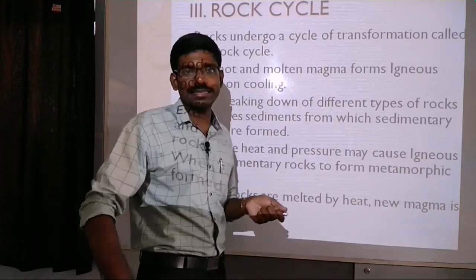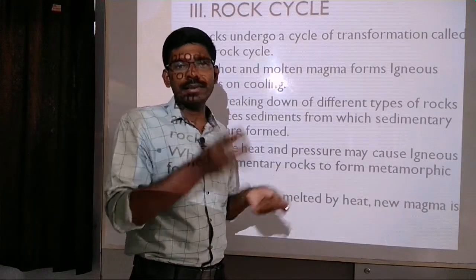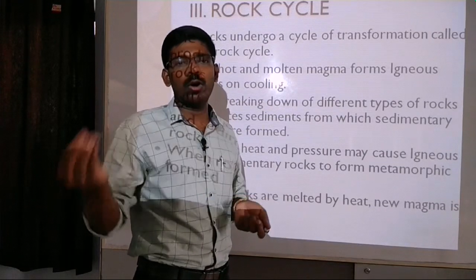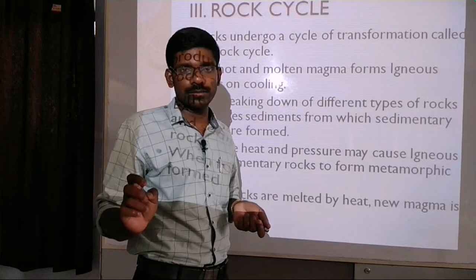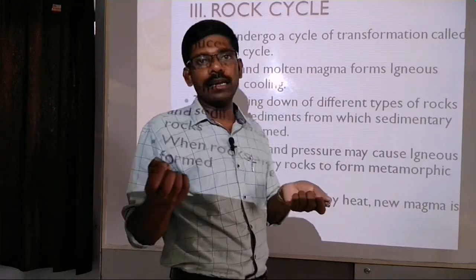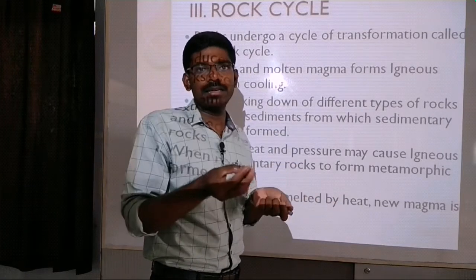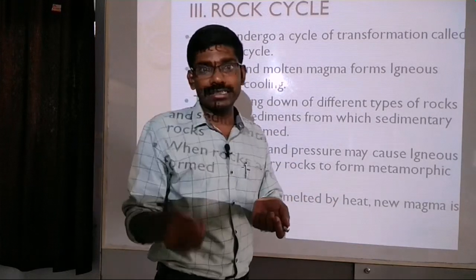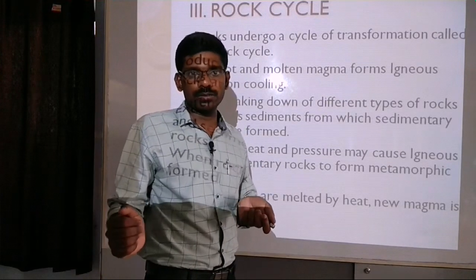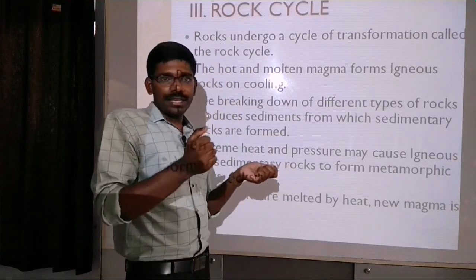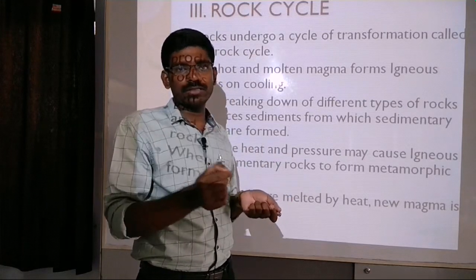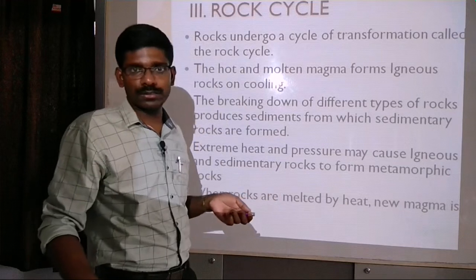So here we already discussed the formation of igneous rocks. When the magma comes out, it forms igneous rocks. Due to the weathering process, the igneous rocks break down into small pieces called sediments, and when these sediments are given more pressure or heat, they form sedimentary rocks. When we give more heat or pressure to the igneous or sedimentary rocks, they change into metamorphic rocks.